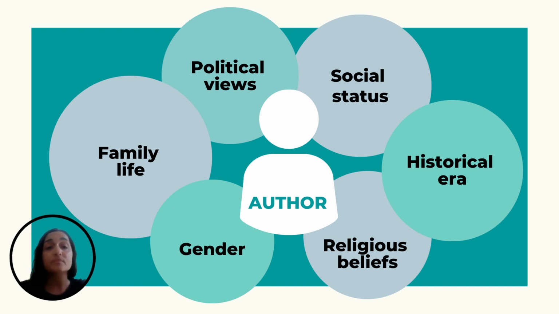What role do the author's family life, personal relationships, their historical era, social status, gender, religious beliefs, their nationality, or political views play in shaping the messages their texts offer? These are all important factors to consider when analysing a literary work and determining its meaning and purpose.